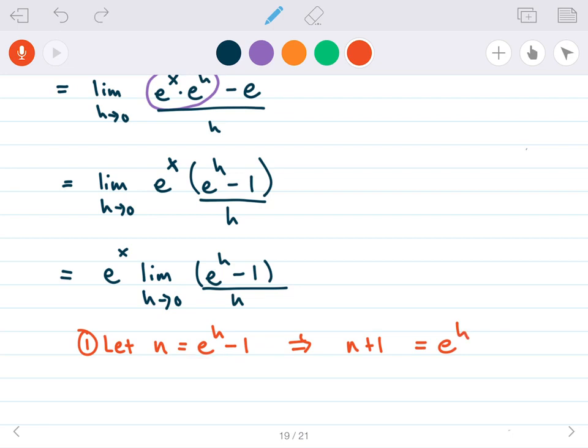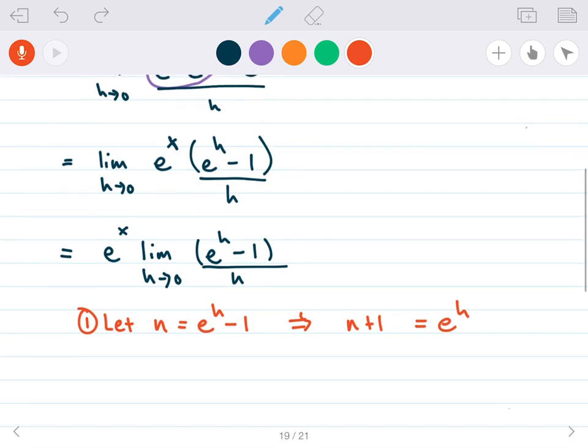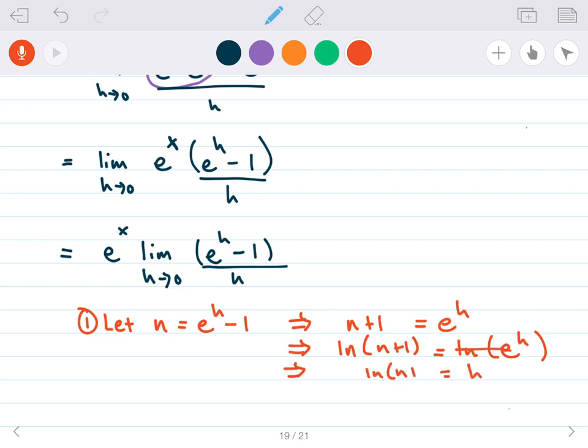Then remember that the ln of x and e to the x are inverse operations. And so what I can do is take the ln of both sides to cancel out the e. So that cancels out, and I'm left with h is equal to ln of n plus 1.